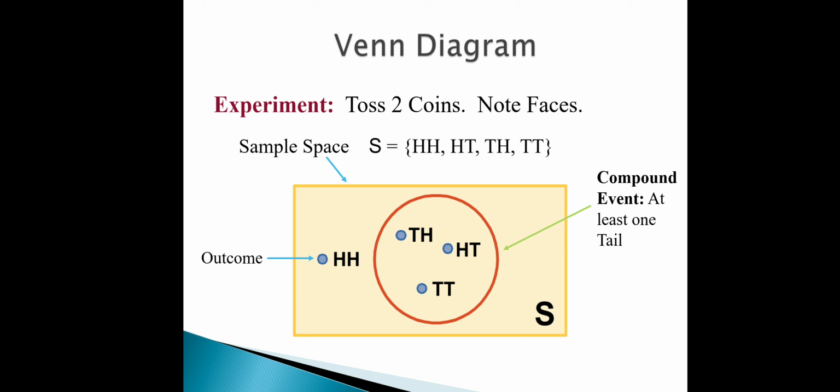Venn diagram for the experiment, toss of two coins, note the faces: the sample space is represented by a rectangular diagram, S is equal to HH, HT, TH, TT. In a compound event, at least one tail, and an outcome is represented by HH. The sample space is represented by a rectangle, S is the sample space, and HH, TH, HT and TT are the possibilities.